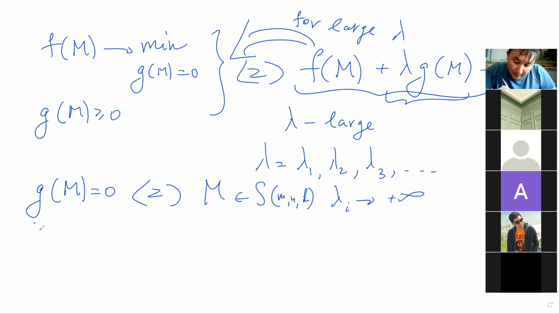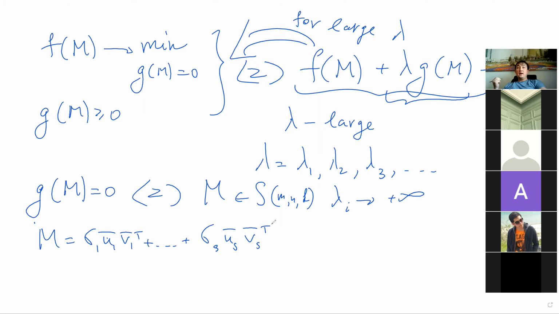Suppose that M is a matrix with a certain singular value decomposition, roughly speaking, sigma 1, u1, v1 transposed, up to sigma s, us, vs transposed, right?